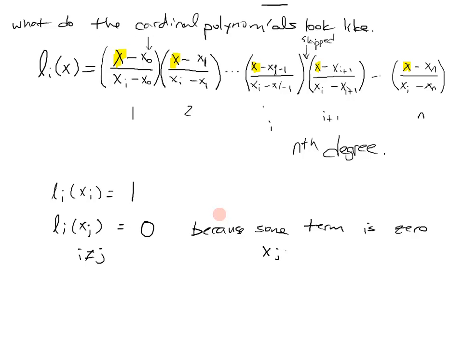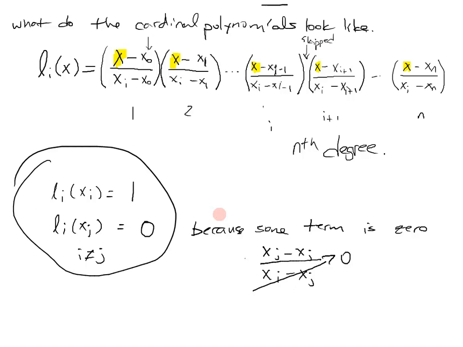Because you'll have an xj minus xj over xi minus xj. When you plug it into all these yellow x's up here, one of those is going to be 0. And so when you multiply by something that's 0, that term is going to be 0. So you end up with 0, which is exactly the condition that we want.